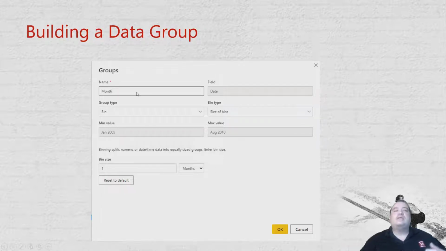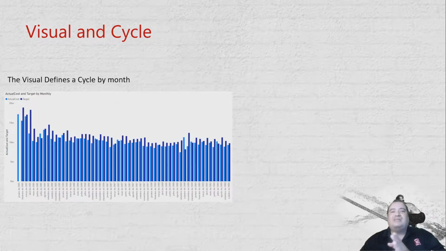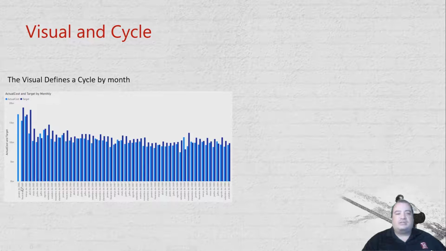So we are creating a monthly field. This field will contain dates monthly. And the visual in this case will define the cycle of the metric, because the visual is showing the information monthly.